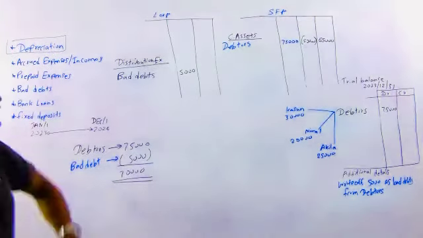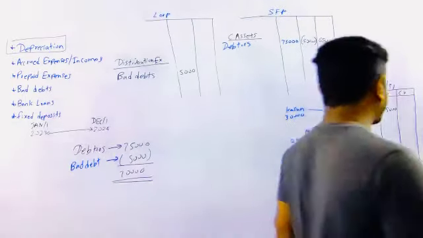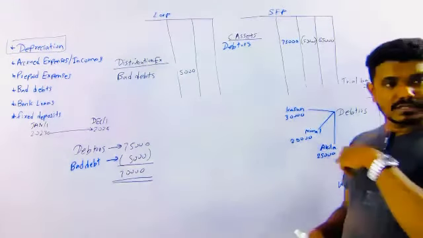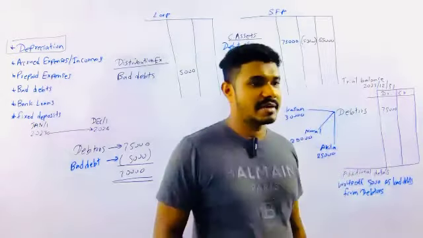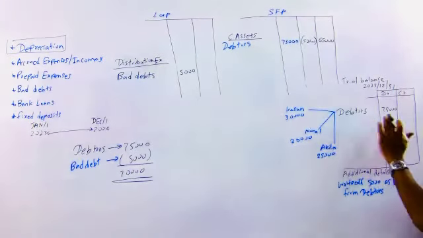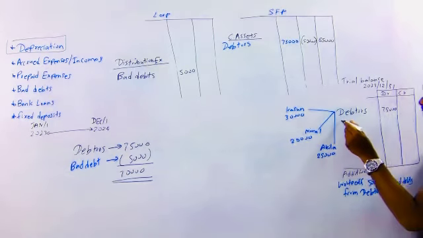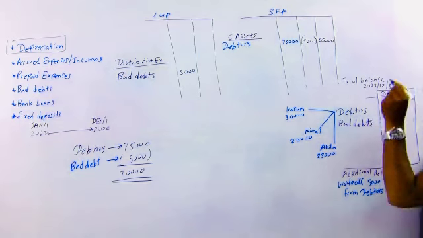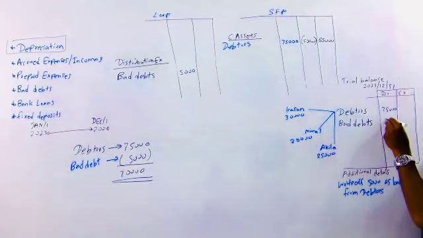Sometimes they are giving it like this, and sometimes they are giving it like this. They are giving both figures in the trial balance, like this: debtors 75,000 and bad debts 3,000. What does that mean?